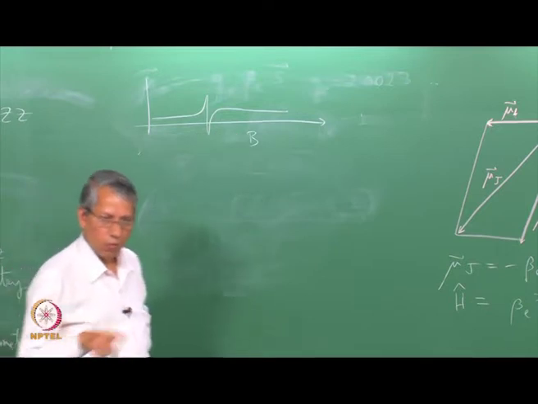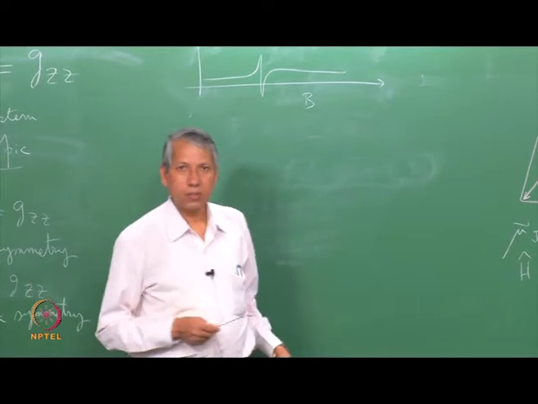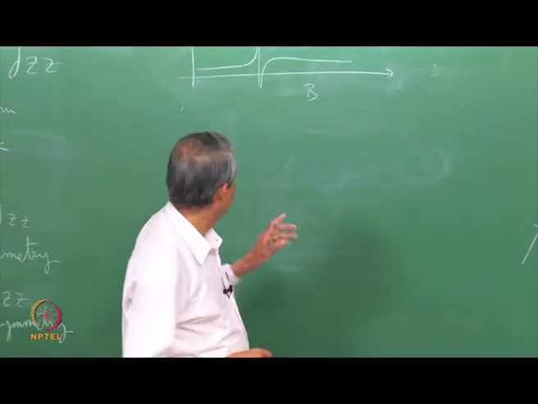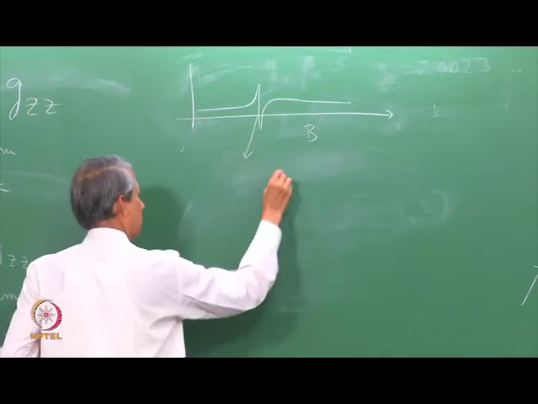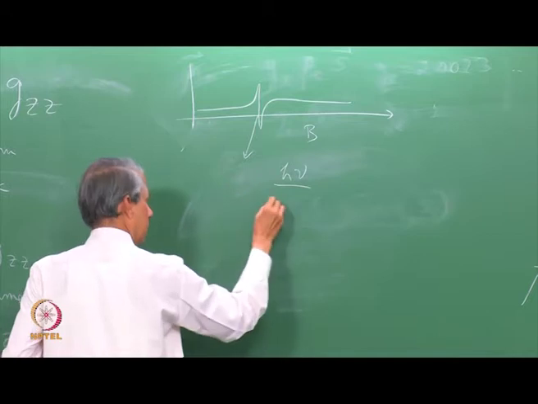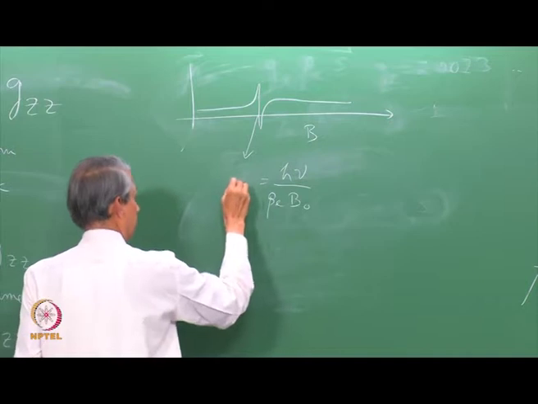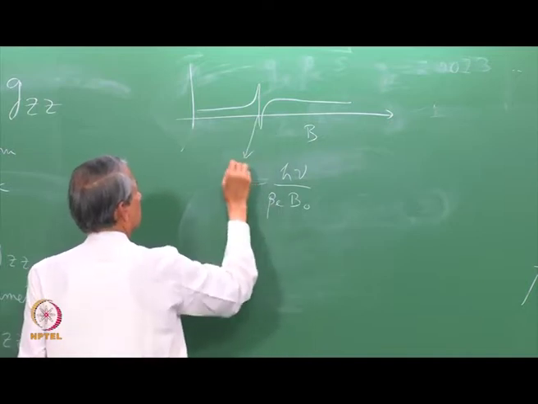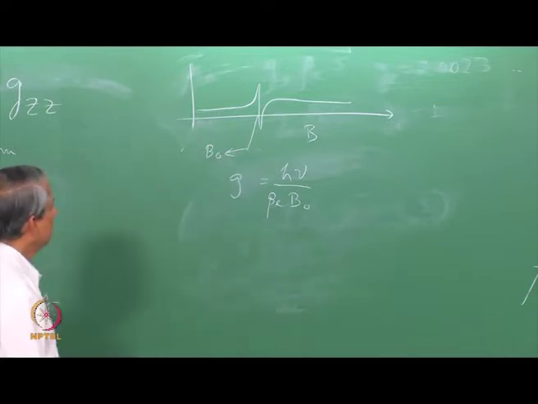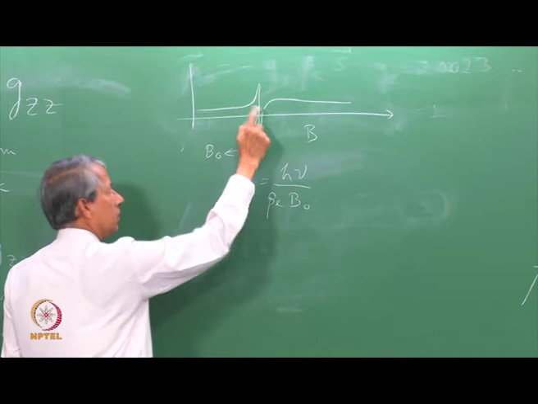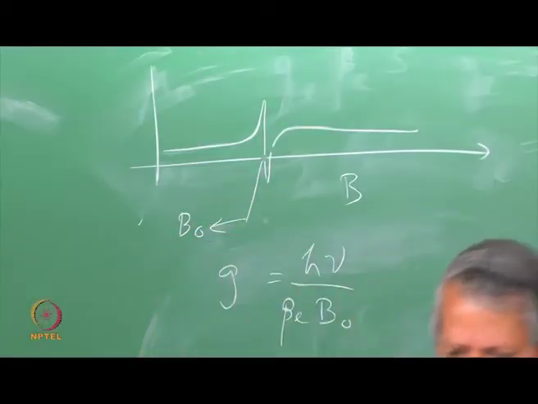That is the same thing I have been trying to say, that G value is isotropic and it does not depend on the orientation of the crystal with respect to the magnetic field. So, this remains constant. This is the place which gives me the value of V0, then the G value will correspond to this one, and this is not going to change no matter which direction the magnetic field is applied.